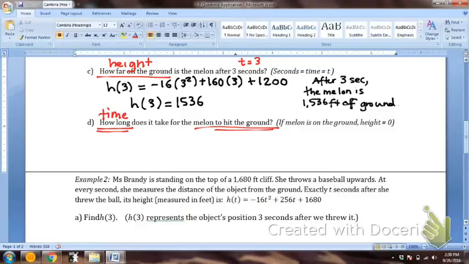So we know that our height is 0, so we're going to substitute 0 in for the entire h of t thing. So when it is on the ground, we are setting our height equal to 0.